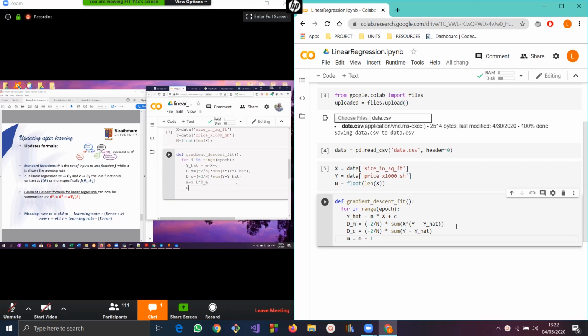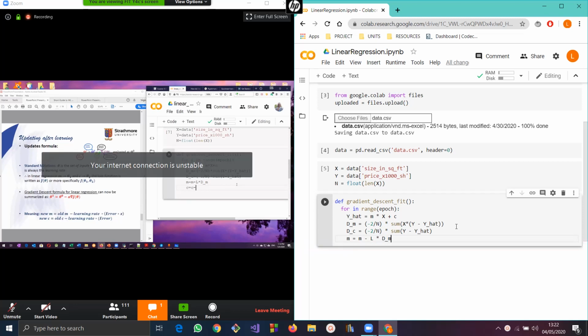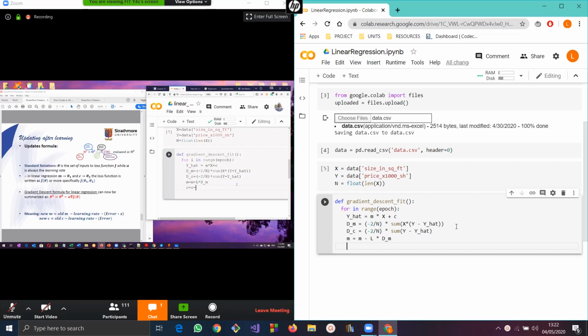Same for c, the old c minus learning rate. Either way, multiplication will take place first.